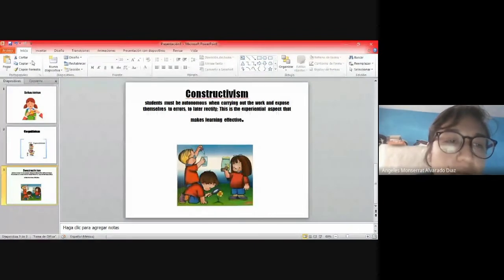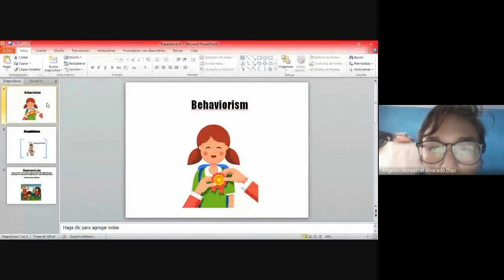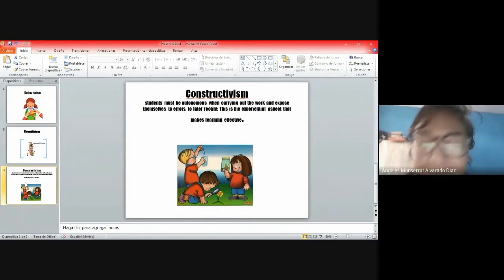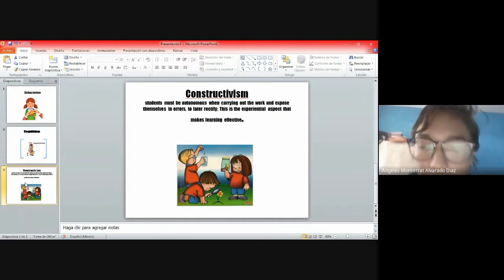One example for constructivism: if a child is asked to draw a school yard, his drawing is not a representation of the yard, but of what he knows about it.